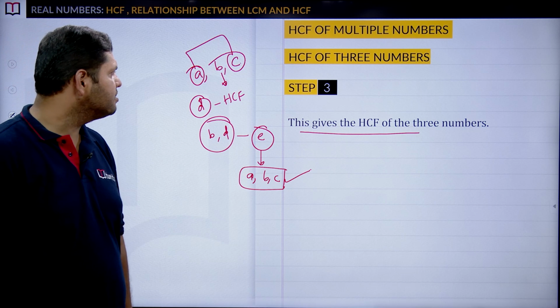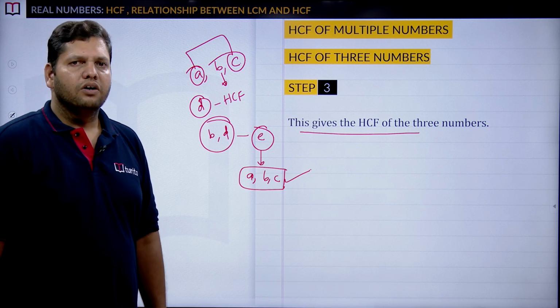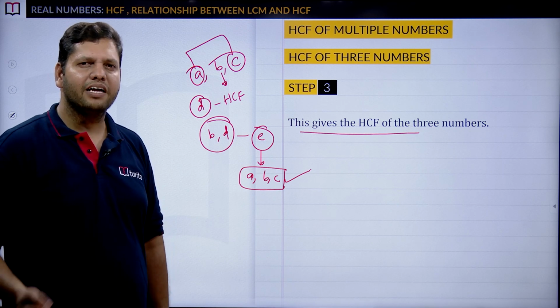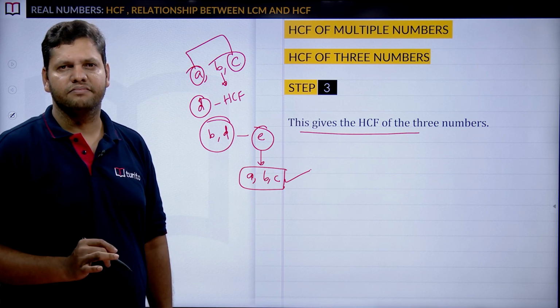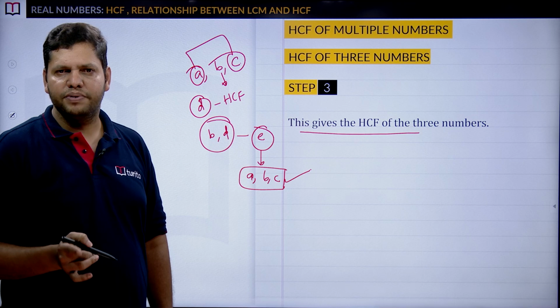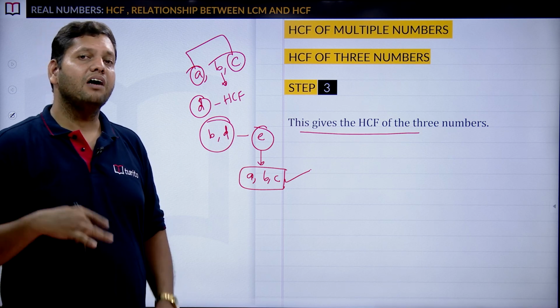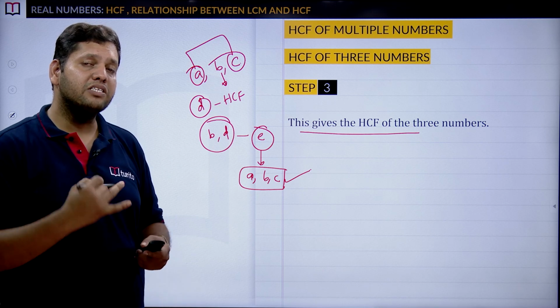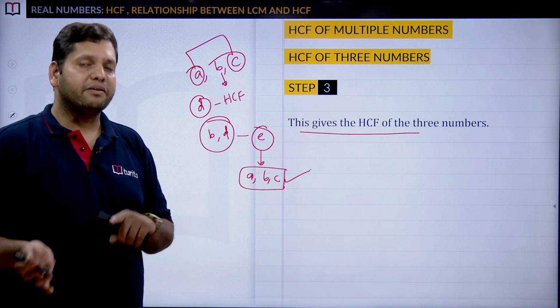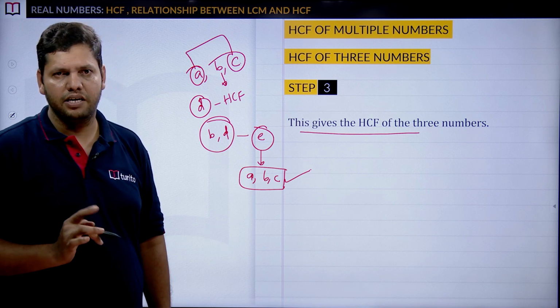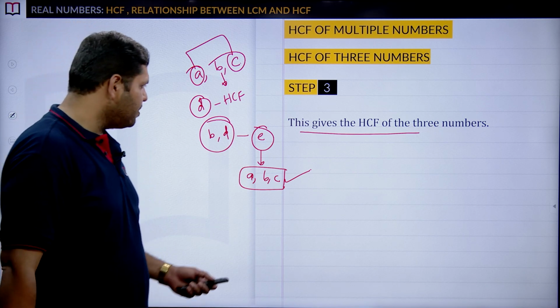Any doubts regarding this? It is very simple, but we are doing the same method again and again. If we have only 2 numbers, we find the HCF only one time. But if we have 3 numbers, the same HCF procedure is done 2 times, and that will be our final solution. Clear? Okay, children, let us see one small example.